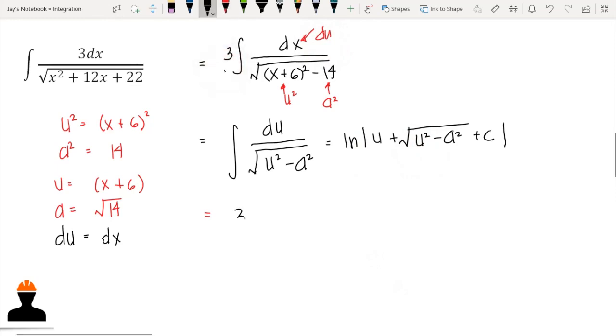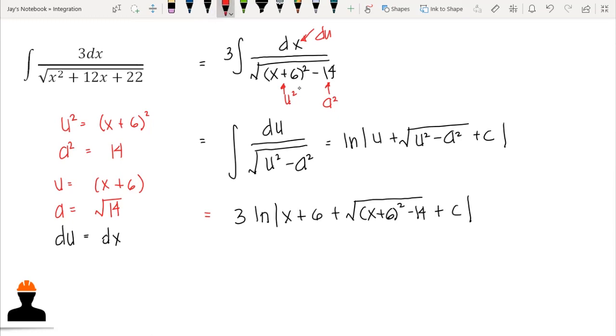So we copy 3. Then the natural logarithm of our u here is x plus 6 from this one. That is x plus 6 plus the square root of, now u squared minus a squared is this one, correct? So we have x plus 6 squared minus 14, plus c.